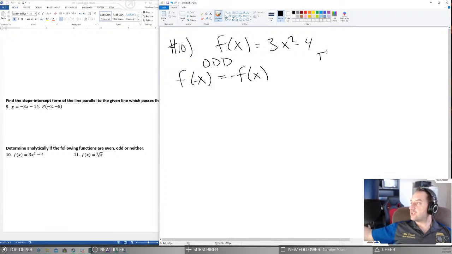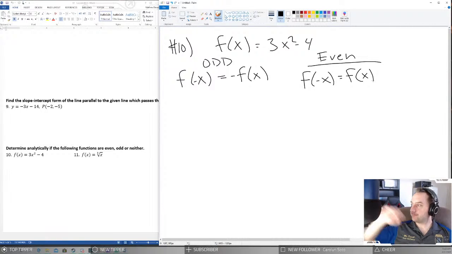The even definition is, does f of negative x equal f of x? So f of negative x means you plug in a negative for x. Does that equal a negative in front of my function?